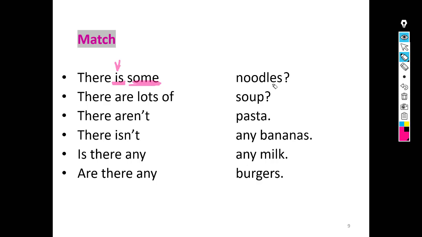Noodles, is it a countable noun? An uncountable noun? Which one? We have got S here, so it means countable. Soup. But there is a question form. So can we match? No, because it's not a question. Pasta. There is some pasta. Have we got S here? Can we count pasta? No, it is uncountable. And then, yes, we found here. There is some pasta. Yes, okay, we did it.